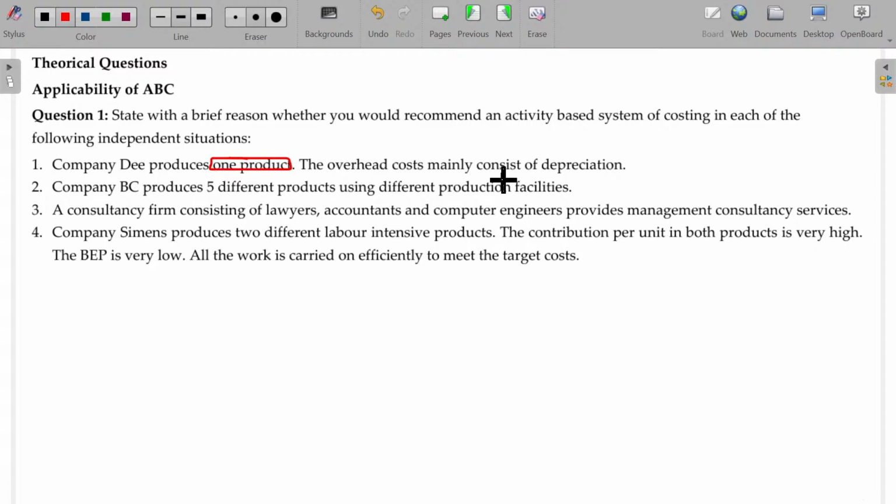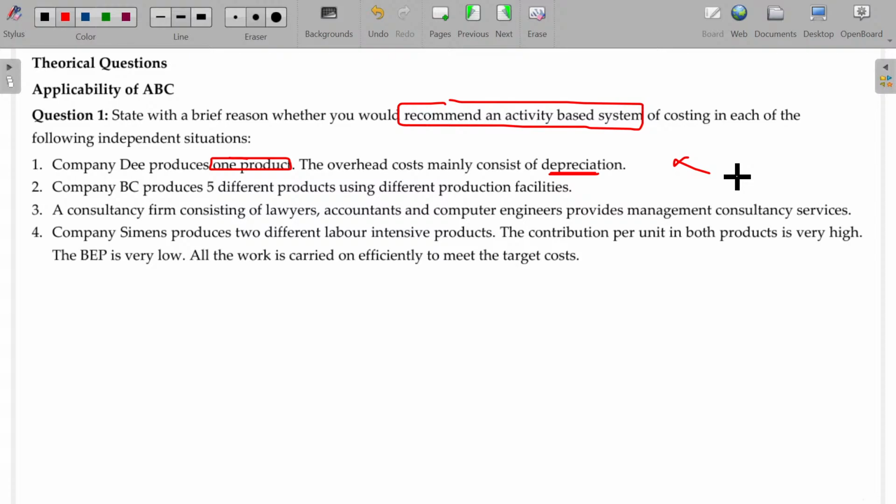The overhead costs mainly consisted of depreciation. Now, do I want to have the ABC? No, not required. If only one student goes to the restaurant and has the food for himself, and pays himself, then why do we want to allocate the costs to each and every student, right? Similarly, here we have only one product. We need not use the ABC.